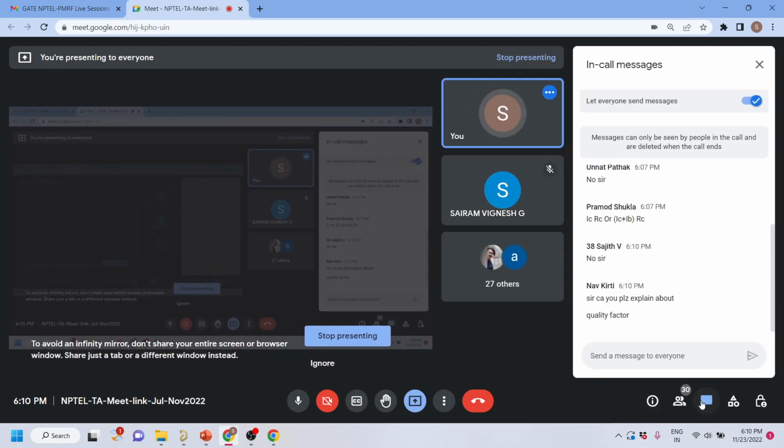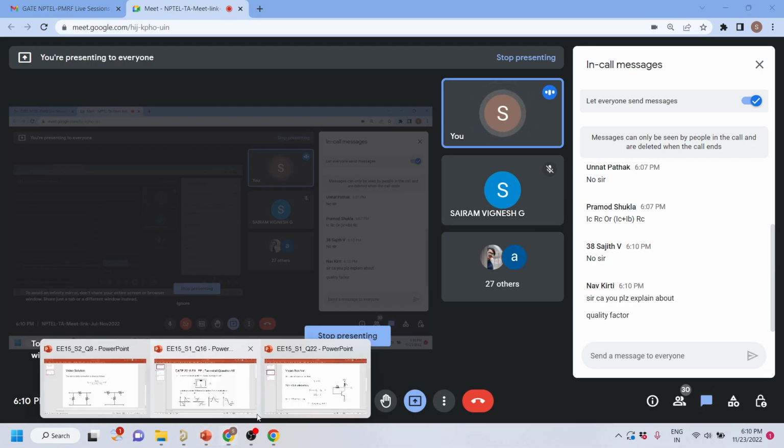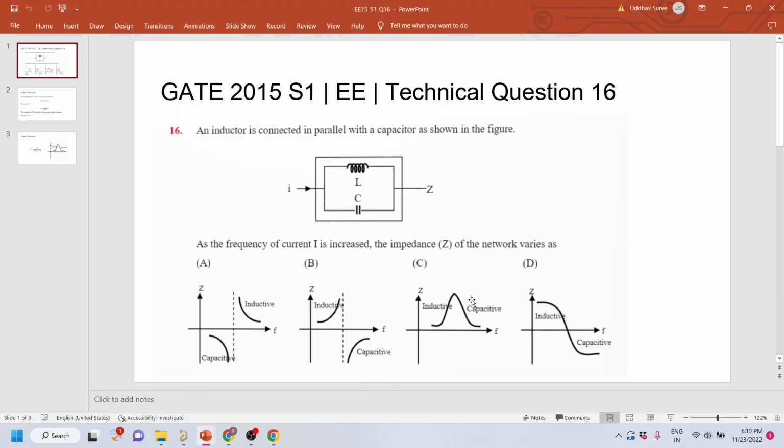Quality factor, in a short explanation, explains the peaky nature of the resonance that happens at the frequency of resonance. How much this peak will vary up and down depends on the quality factor.